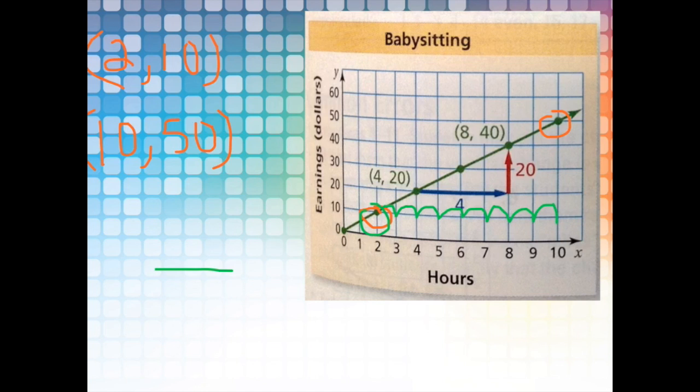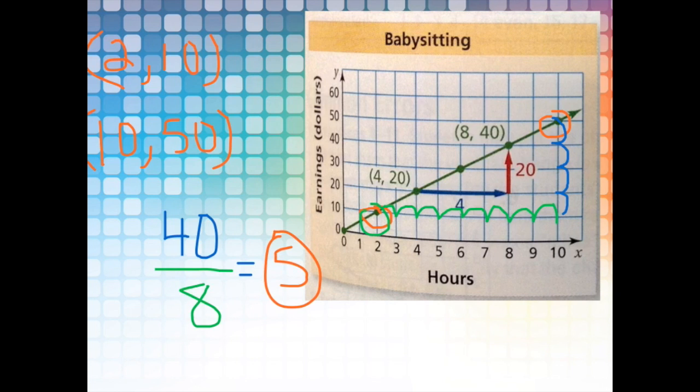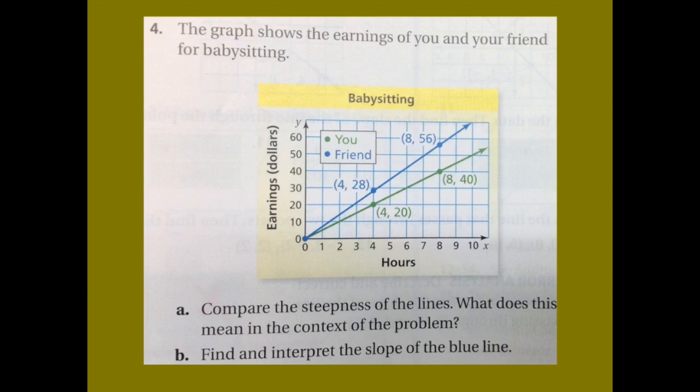That is our X value, and we'll count up from that point to find our Y value, and that goes by 10, so we'll go 10, 20, 30, 40. So we'll have 40 over 8, which reduces to 5 if you divide that out. That is our slope. As we saw in problem 3, the slope did not change.